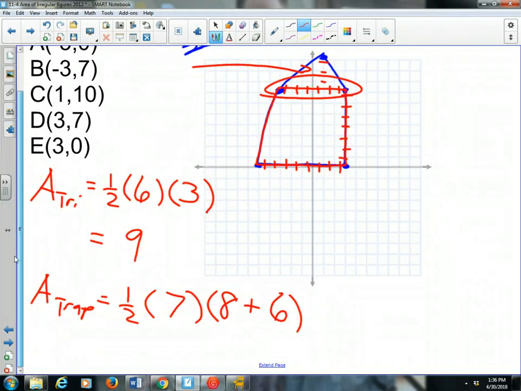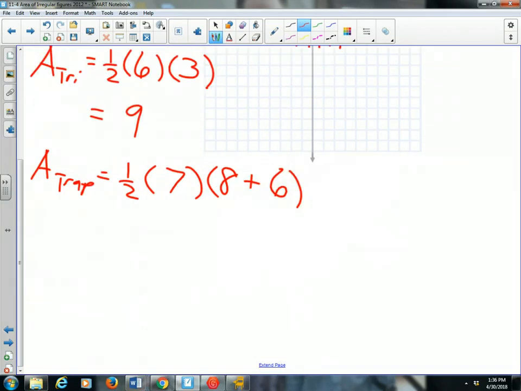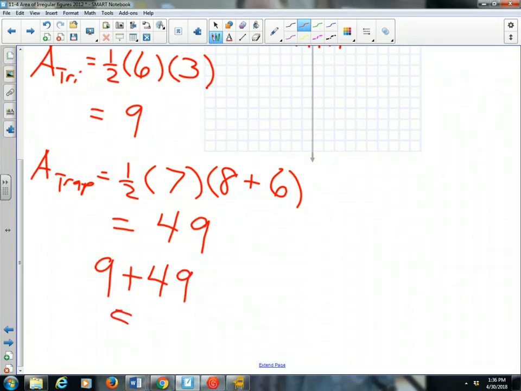So 1/2 times 7 times 14 comes out to be 49 square units. So the area of our pentagon is 9 plus 49, which is 58 square units.